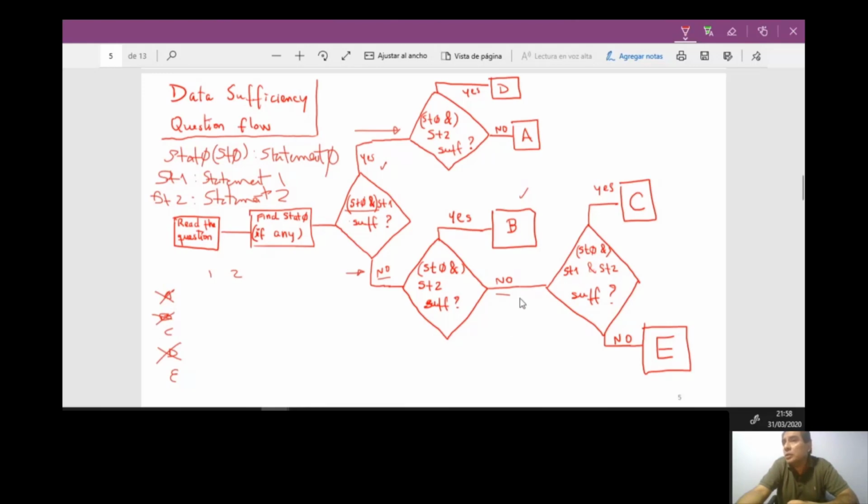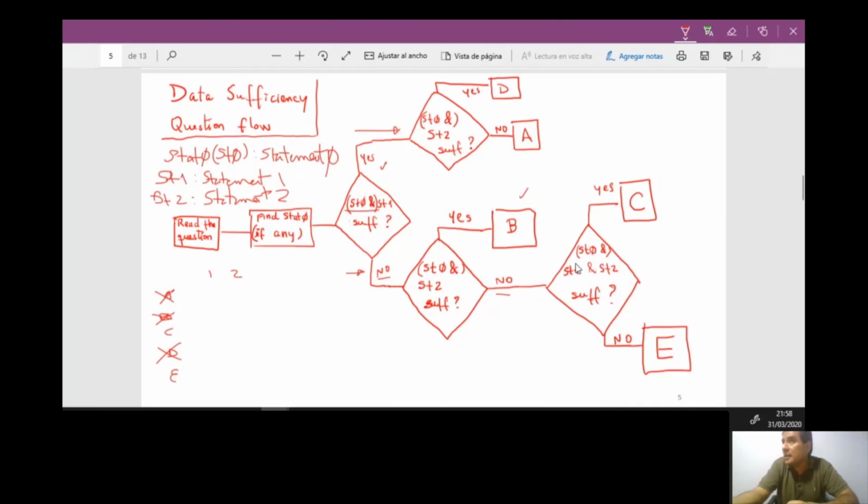And then what should we do? Now we need to come to a special step in this analysis. In this special step, you will combine the information in statements 1 and 2 together. Of course, if there was any statement 0, remember the if prior to the question?